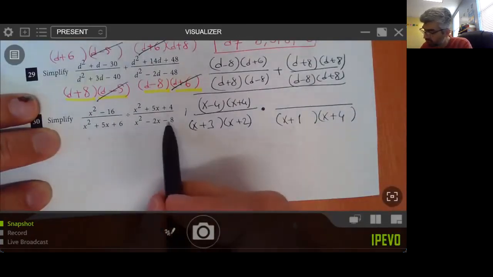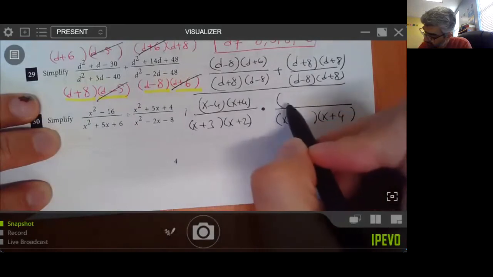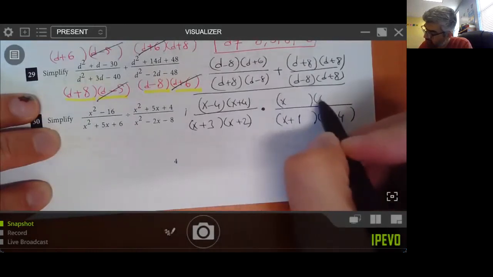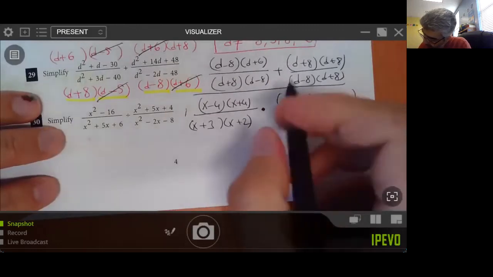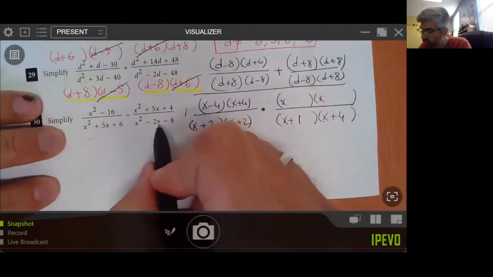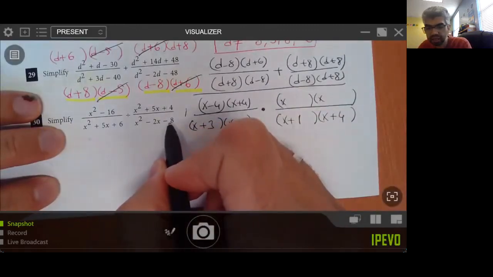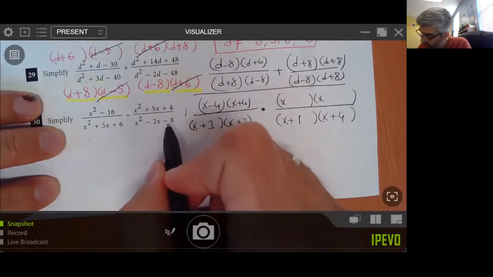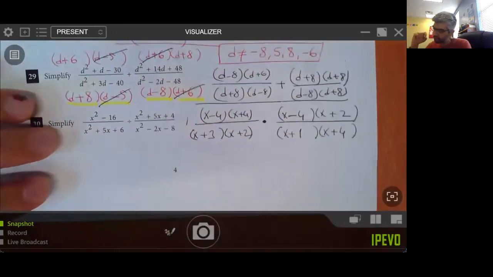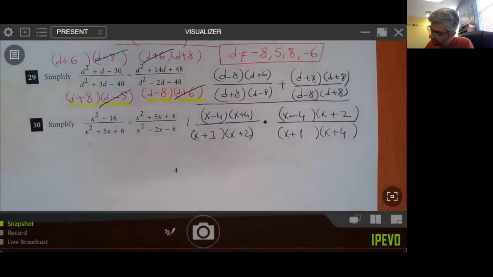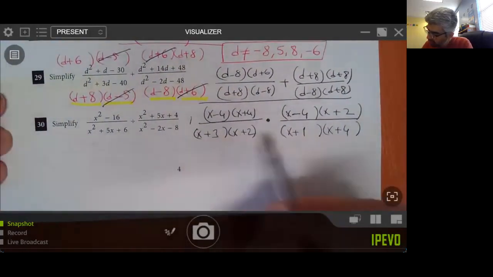X squared minus 2x minus 8. I write in numerator. X. I have what? Minus 2x minus 8. That is 4 times 2. Yes, so minus 4 plus 2. What we write, don't forget, up to denominators.